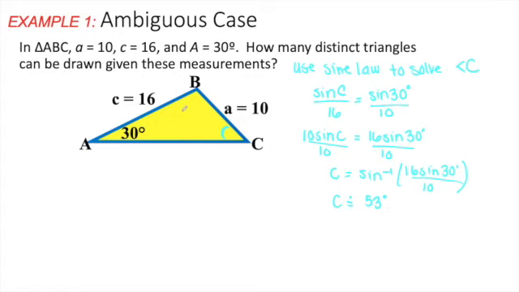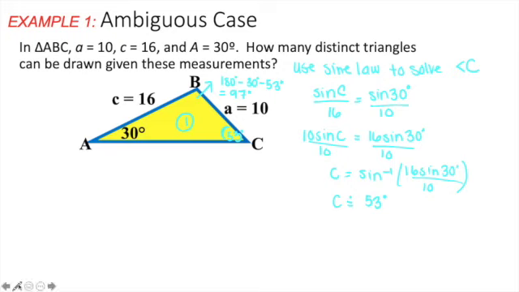Okay, so then for our triangle number 1, we would have 53 degrees. And then you would be able to find angle B by doing 180 degrees minus 30 degrees minus 53 degrees, and then you would have an angle of 97. So that works out perfectly. You're able to draw one triangle for sure.